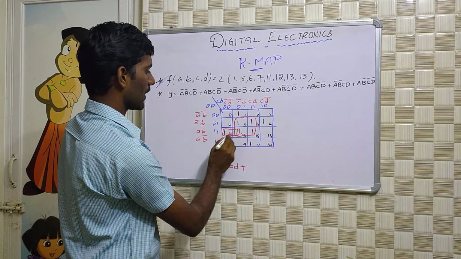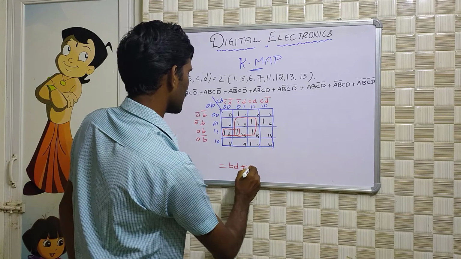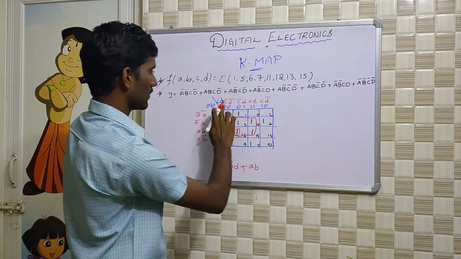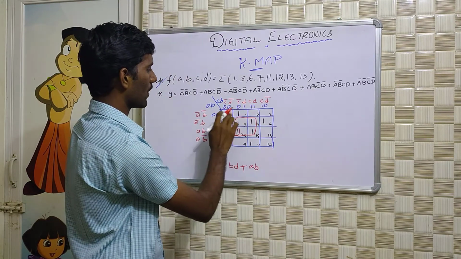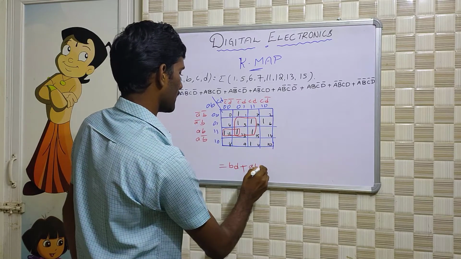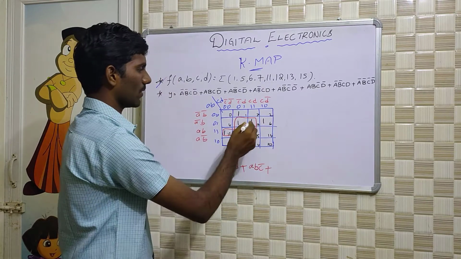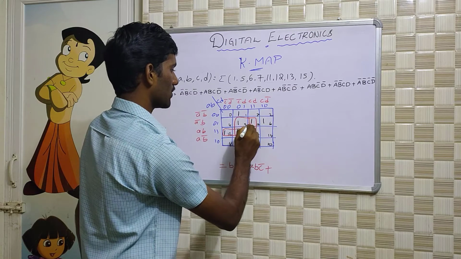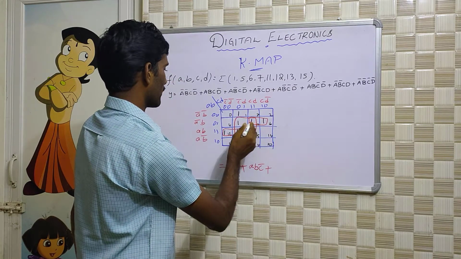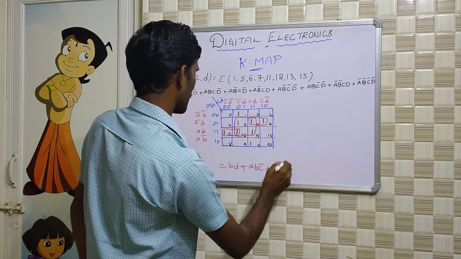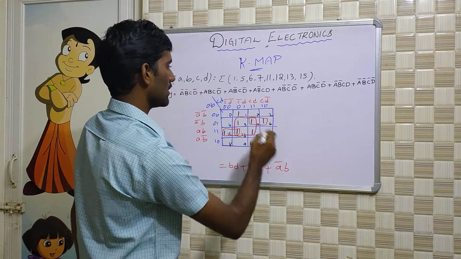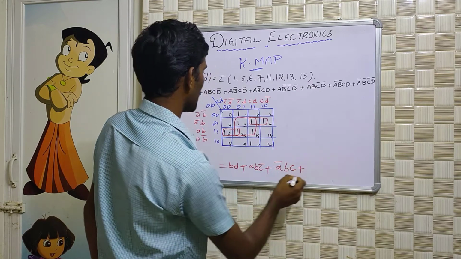From this we have common AB. From these two we have common term as C bar. Similarly we can map these two. So common term is A bar D. Here C is common term.